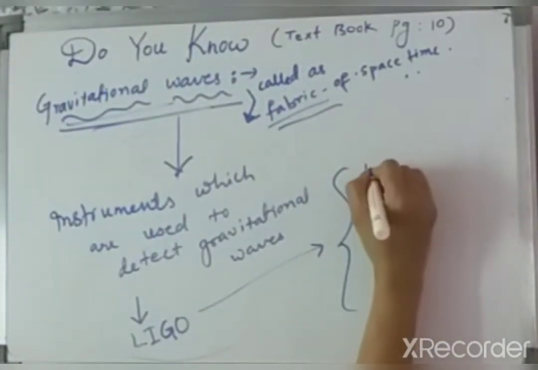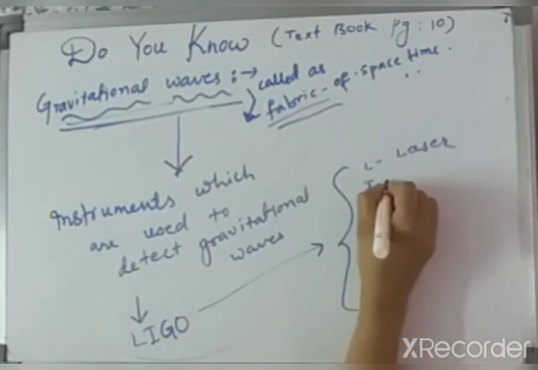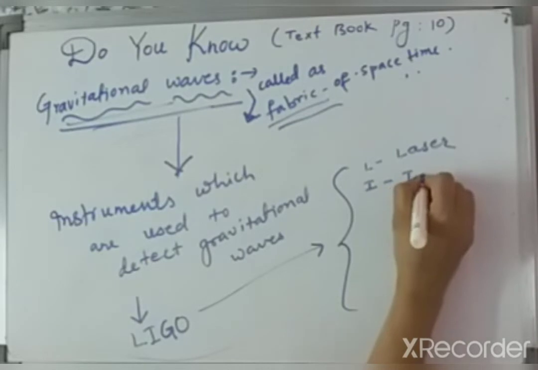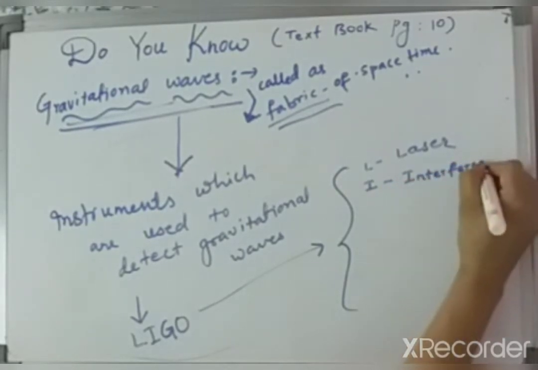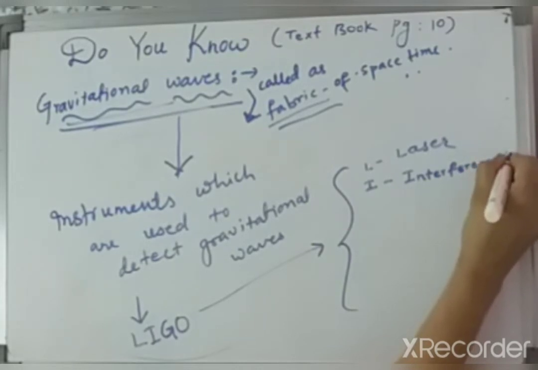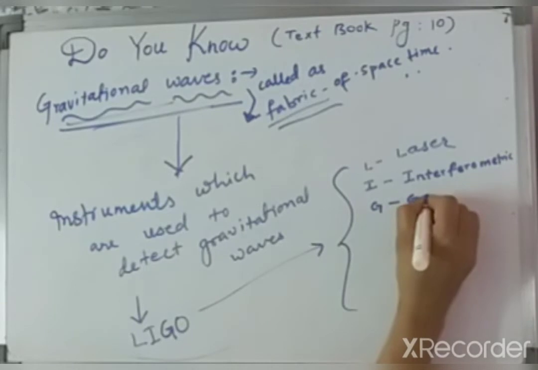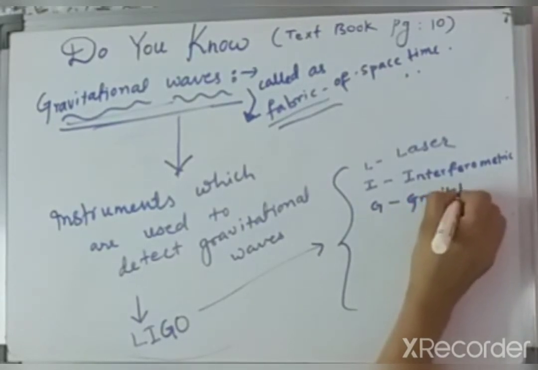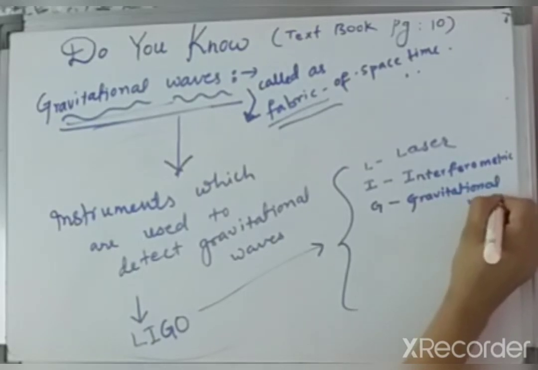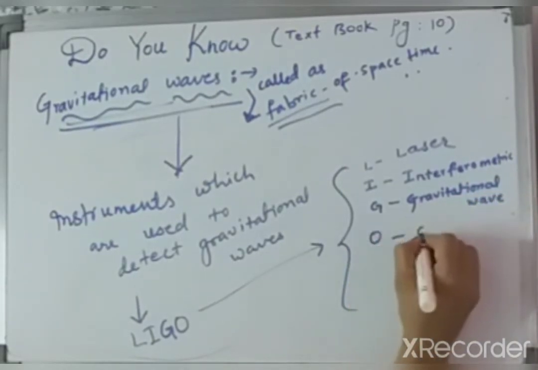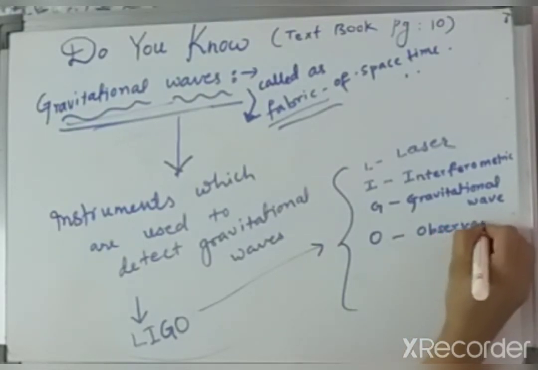L stands for laser, I stands for interferometric, G stands for gravitational wave, and O stands for observatories.